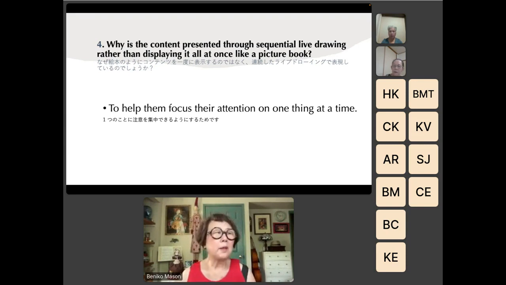Therefore, if I'm talking about a cat, I want the students to pay attention to the cat. And that's why I draw one at a time.